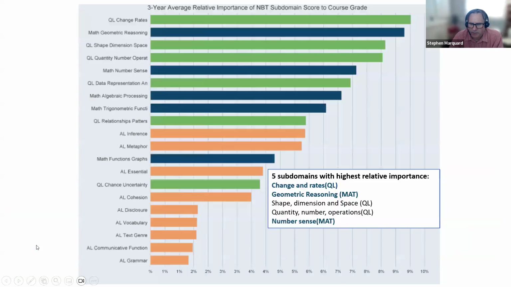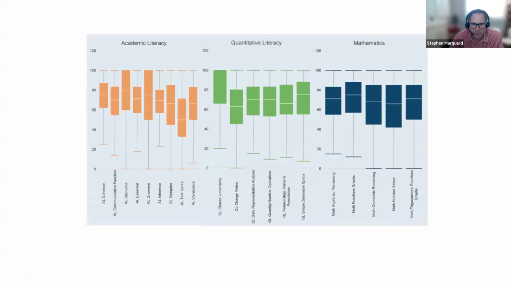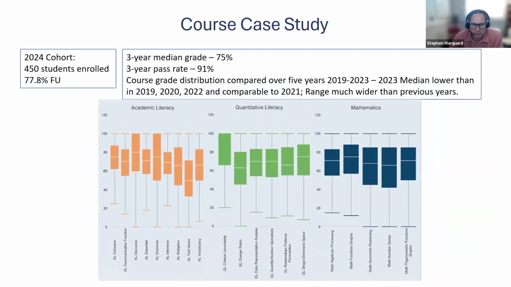So the AL and QL come from the NBT scores themselves. When students write the NBT test prior to admission, typically in their grade 12 year, that produces three different scores. Each student will have an AL score, a QL score, and, correct me here, a math score.